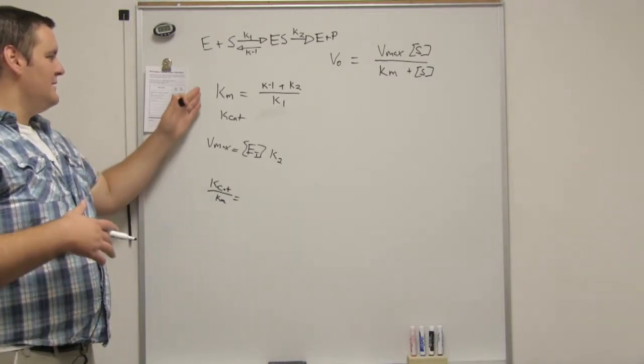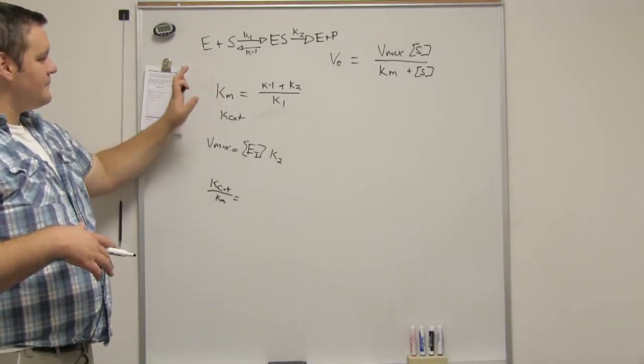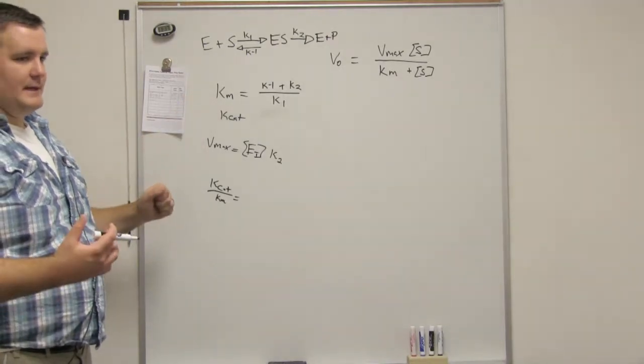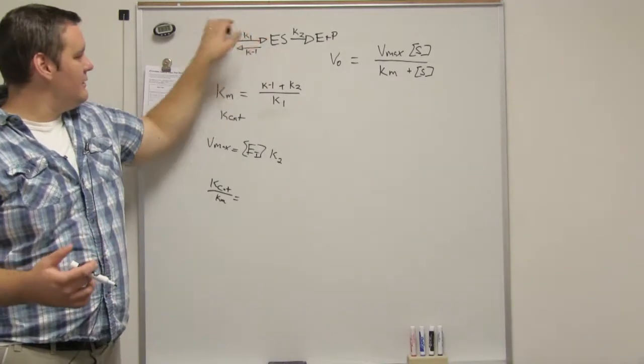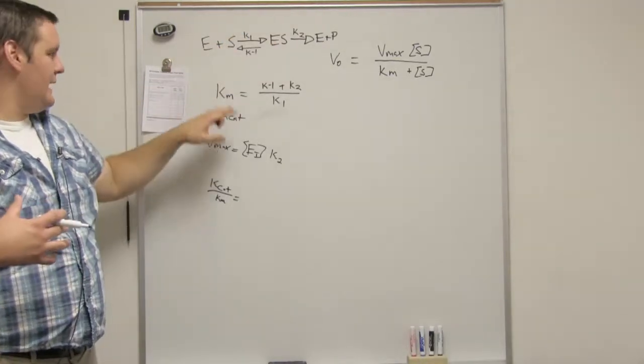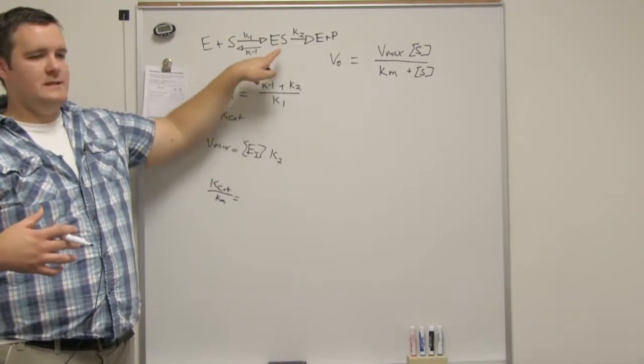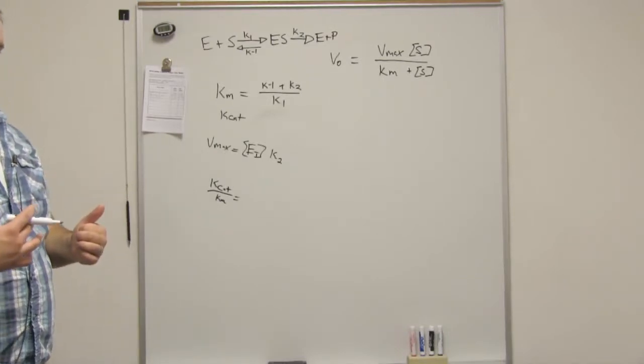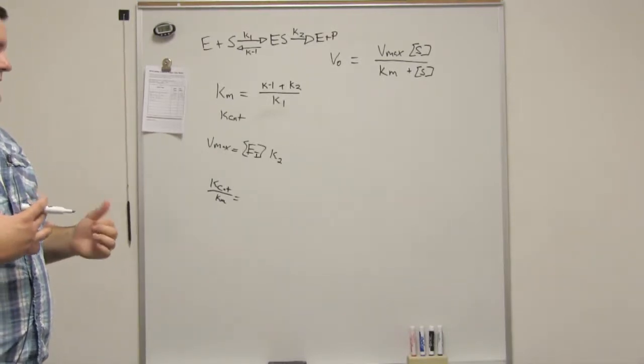If you have a really small Km, that means you have really tight binding. You get to K1 really fast, and your K1 is much bigger than the sum of those two. So the enzyme holds on to that substrate for a long time, and it binds tightly.